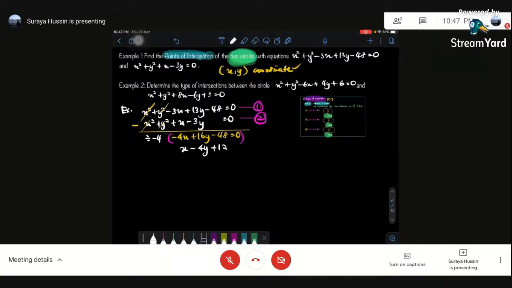Why is it minus? You should get positive 12. There you go. You will get an equation. So here is where this is what we call linear. Betul kan?